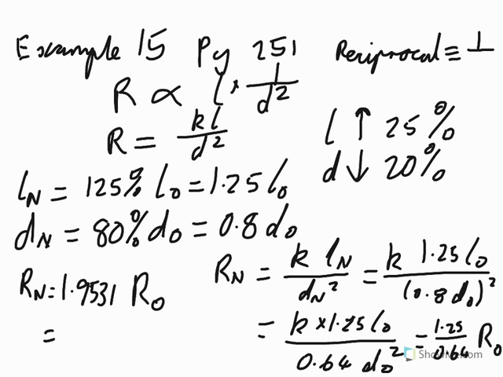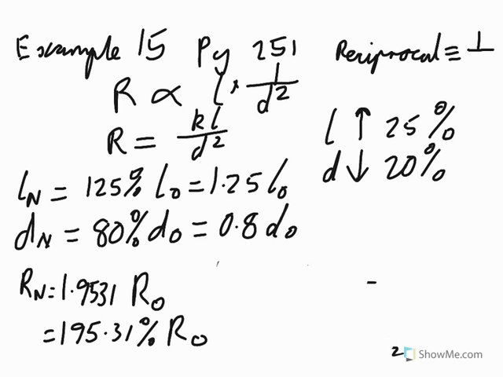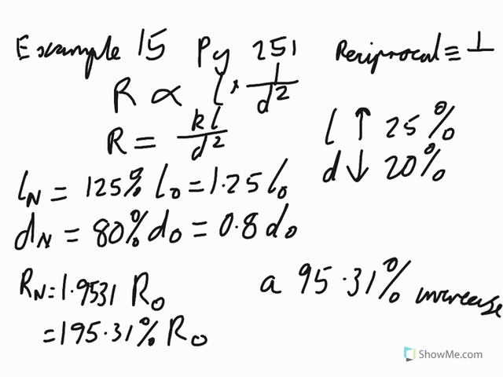It means it's 195.31% of what the old resistance is. So how would we describe that? We could describe that as a 95.31% increase. That's how we could describe that.